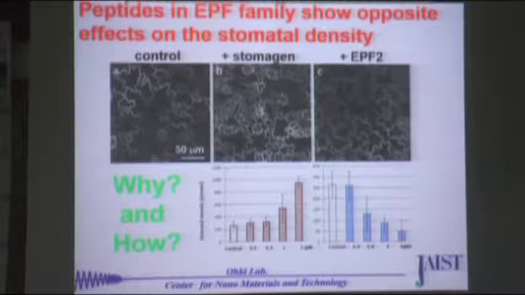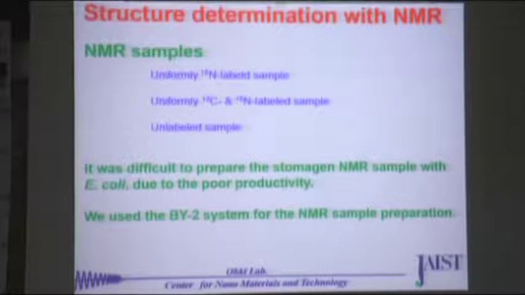So we started the structure determination of stomagen using NMR. It was difficult to prepare the stomagen NMR sample with E. coli because stomagen has 3 pairs of disulfide bonds. So it is difficult to produce it in E. coli.